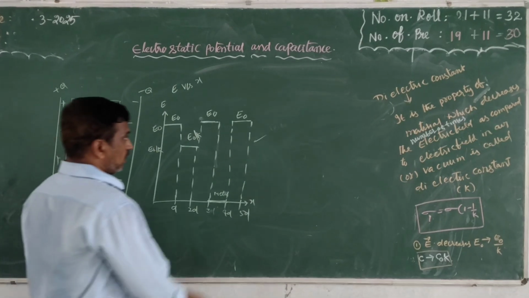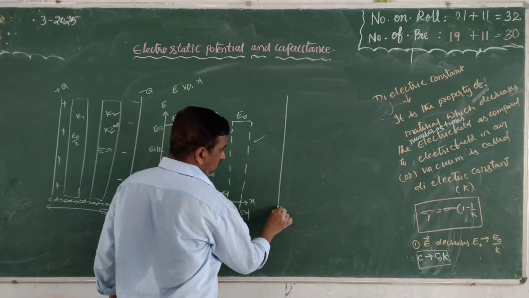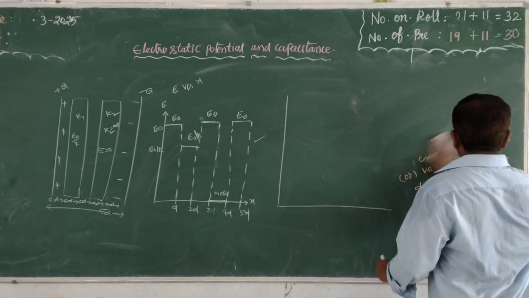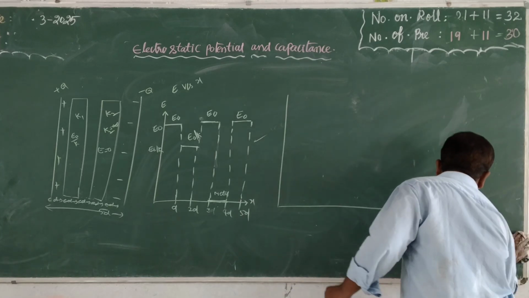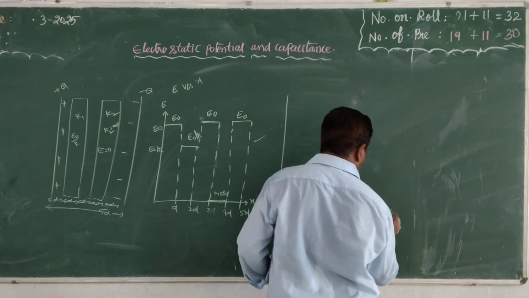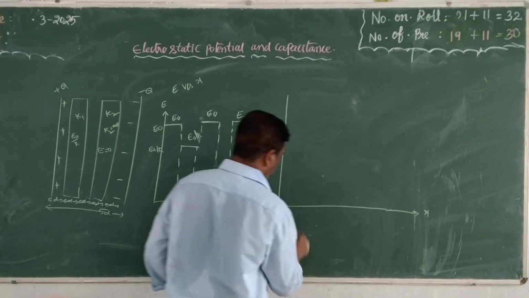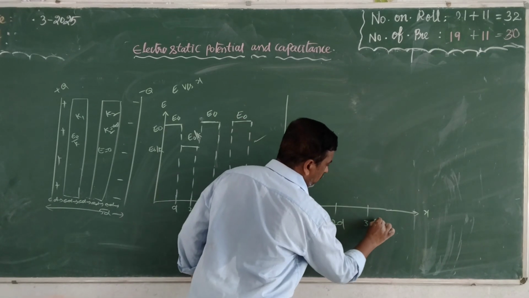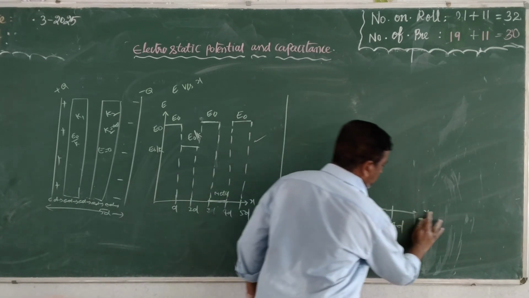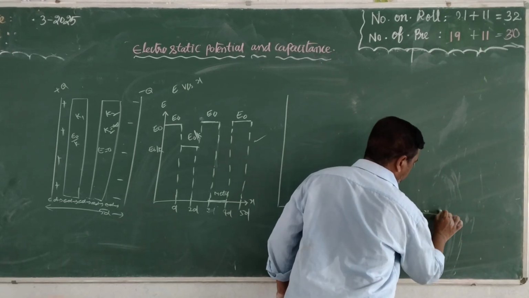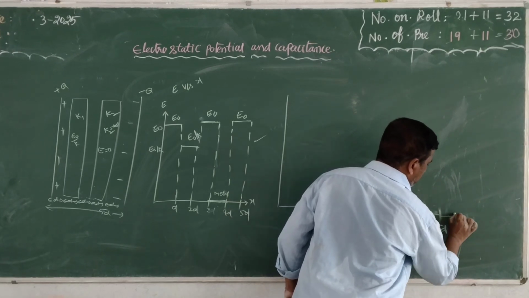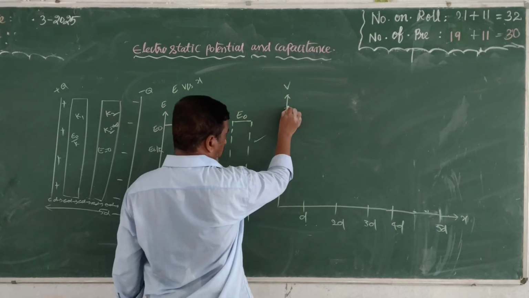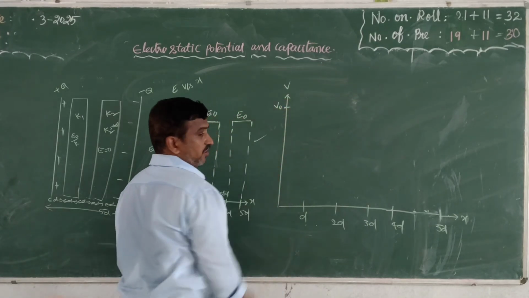Now we can draw V versus x, which is very important. See how it will change. Here x, here d, 2d, 3d, 4d, 5d. Potential starts at maximum, V naught.